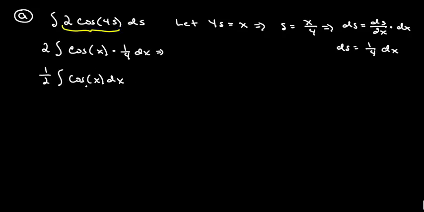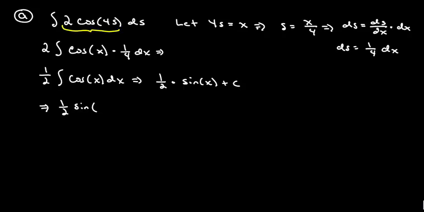This guy right here, I know what its antiderivative is. So this will become 1/2 times, now I need the function whose derivative is cosine x. And that function is going to be sine x plus c. Now the whole thing is being multiplied by a half, but 1/2 times c is still just c, because it's just a constant. And so this gives me 1/2 sine x.